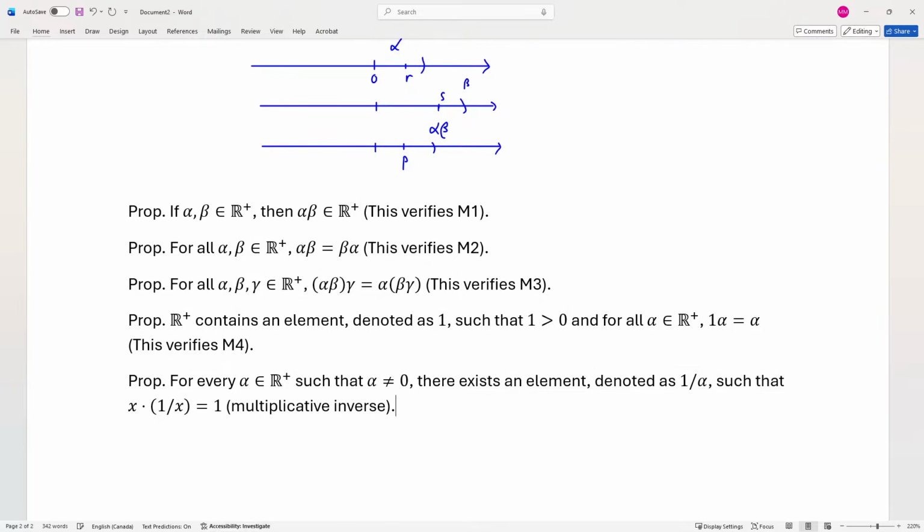We need to find the reciprocal cut such that alpha times 1 over alpha is equal to 1. Right?